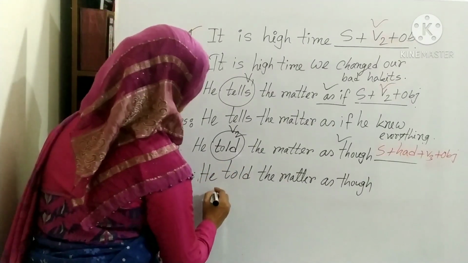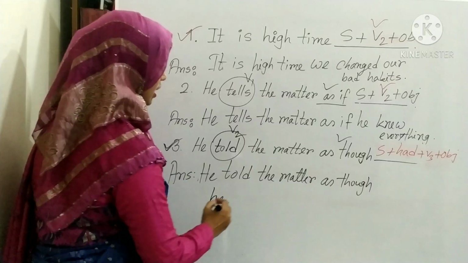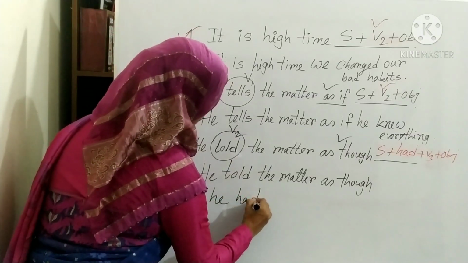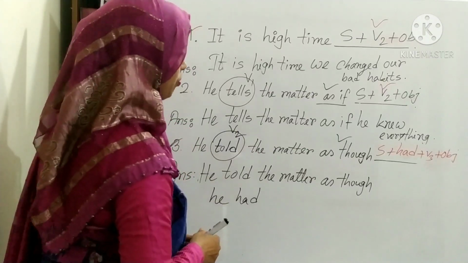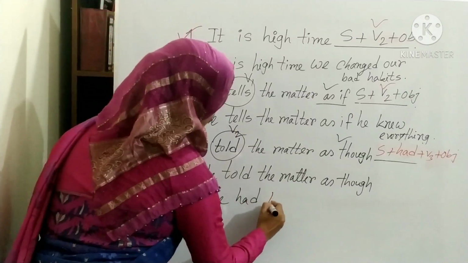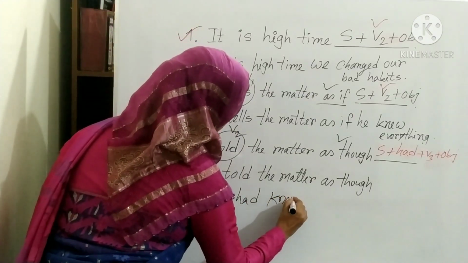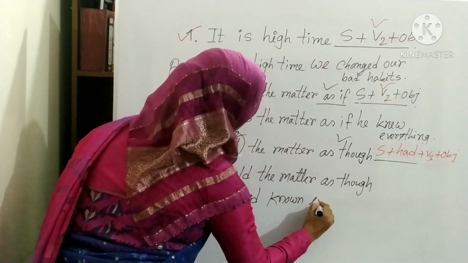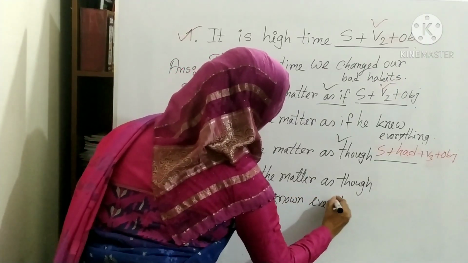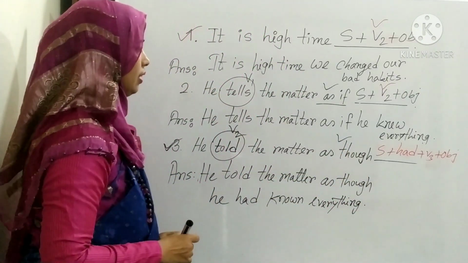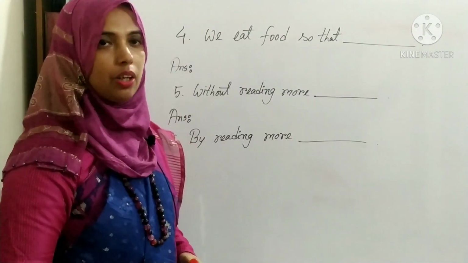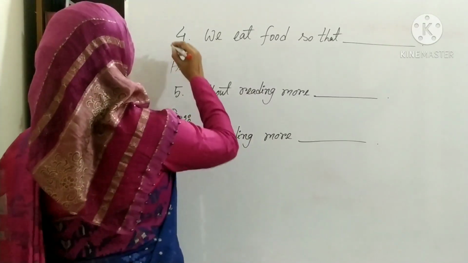He told the matter as though, we can write he had. What verb will we use? Of course, V3 verb. He had known. We can write he had known everything. Okay, dear students, he had known everything. Now come to question number 4.